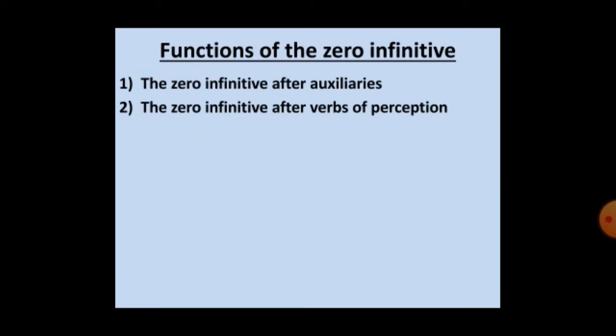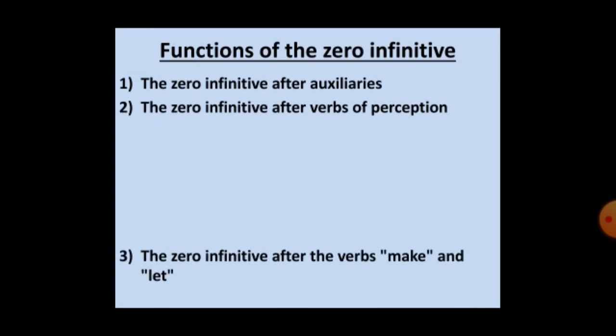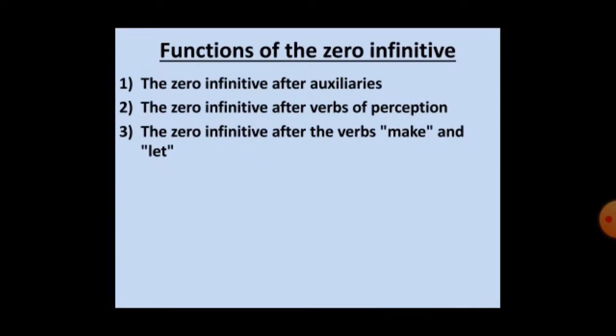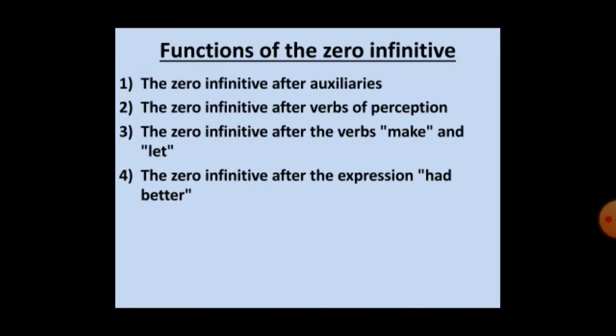All these are verbs of perception, and before verbs of perception we do not use to infinitive, but we use bare infinitive. And with the verb make and let, we do not use to infinitive but zero infinitive or bare infinitive. And also with had better expression we use zero infinitive.